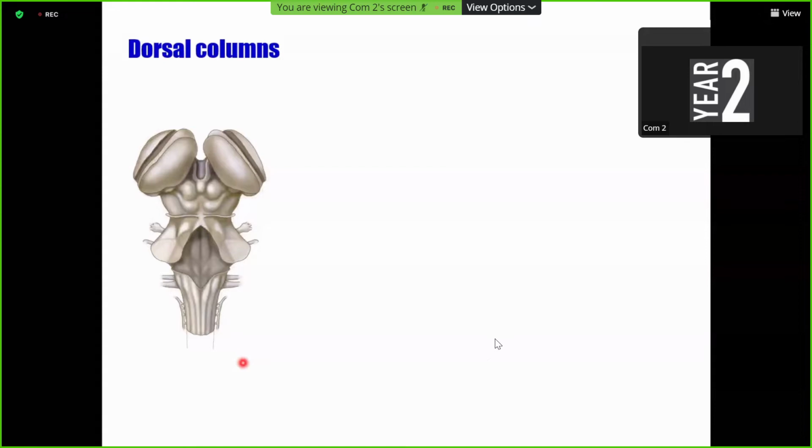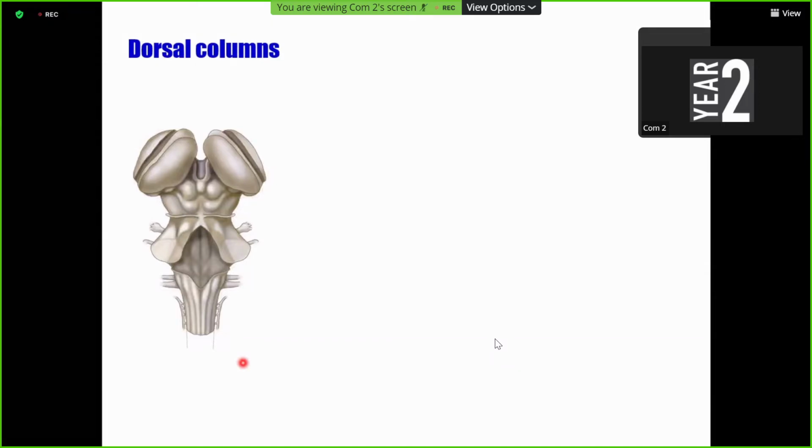The cell bodies of the second order neurons are either present in the posterior gray horn cells of the spinal cord, or they are present at the level of the medulla. The characteristic of these second order neurons is that their axons will cross the midline. So they would decussate, and if they are entering from the right side, they move to the left side of the spinal cord or the left side of the medulla.